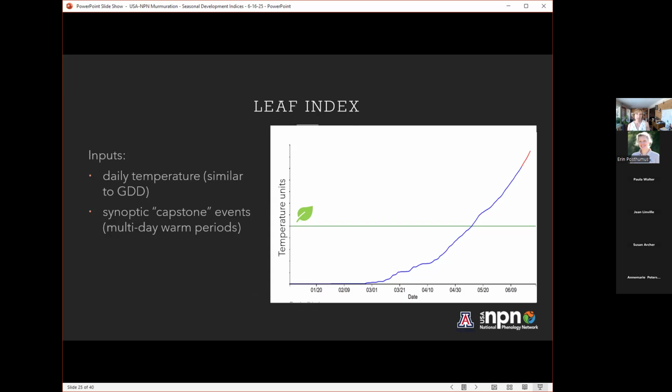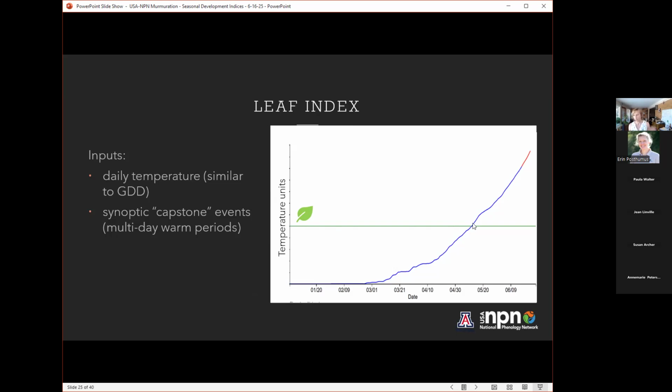The leaf index, it sounds complicated to understand, but honestly, it works very similarly to a growing degree day threshold. It's basically once a certain amount of warmth has been accumulated at a location, you eventually reach that threshold, which I represent as a unitless line here, but there are units attached to it.